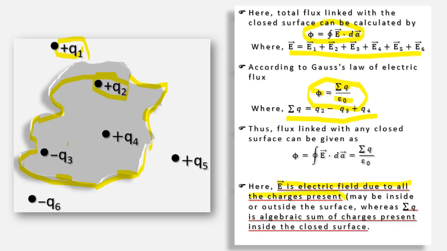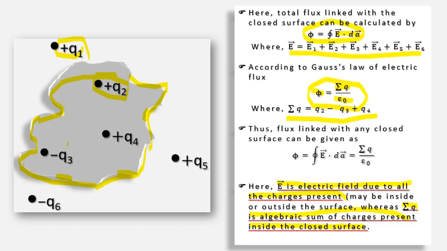Whereas if you go by the second method, sigma q by epsilon 0, then sigma q is only those charges which are present inside the surface. Sigma q is the algebraic sum of charges enclosed by the surface. So this is Gauss's law for electric flux.